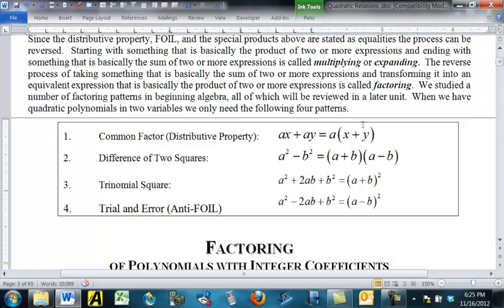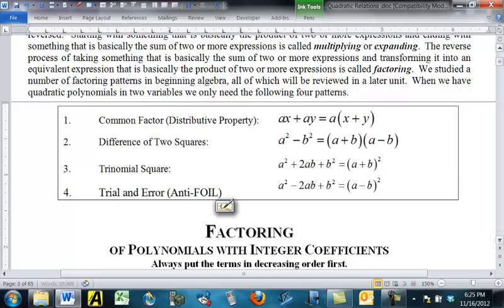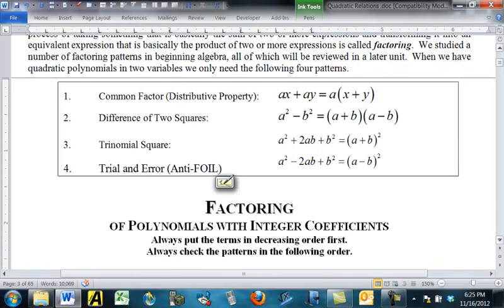And if you have a² − 2ab + b², that's (a − b)². Then we can do what's called trial and error or anti-FOIL factoring, where we just go backwards from FOIL. We'll talk about that a little bit more as we go.